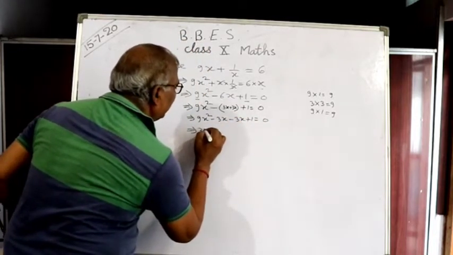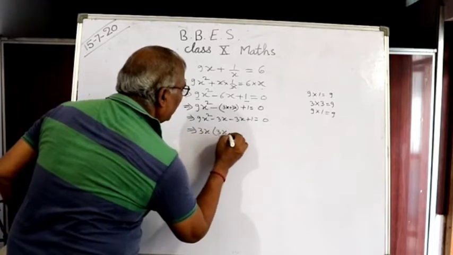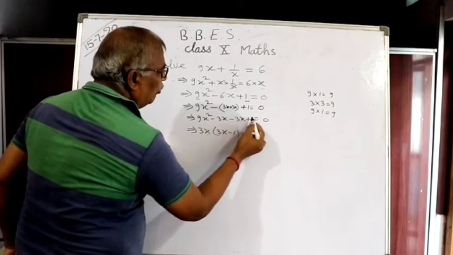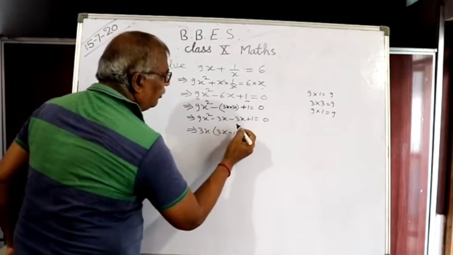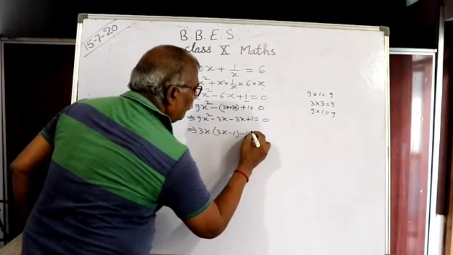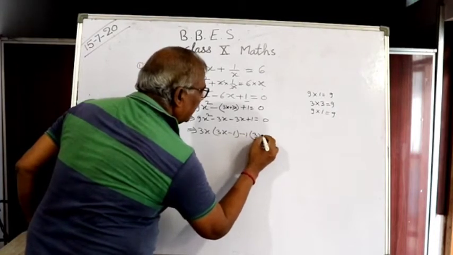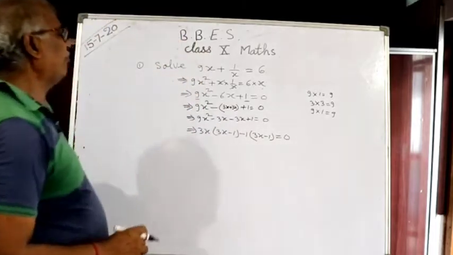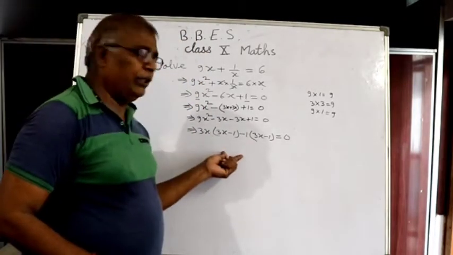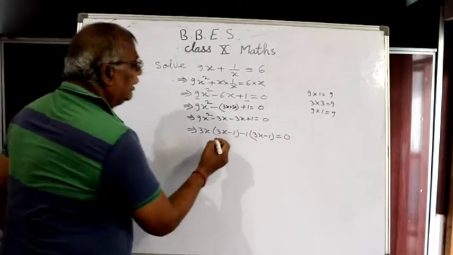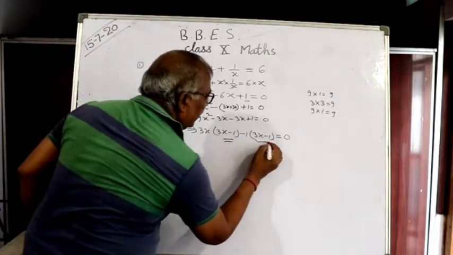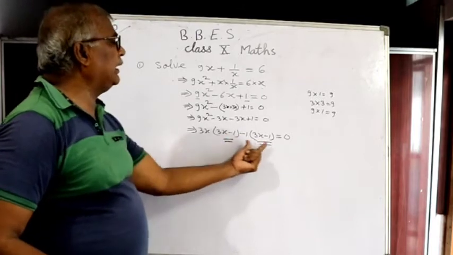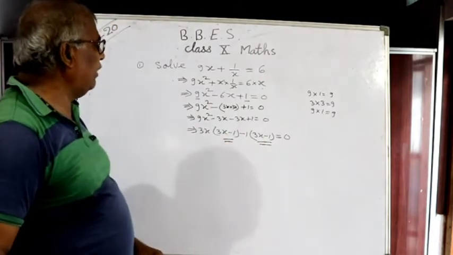This implies that 3x is common. Now 3x minus 1, and here there is no common, so we will take 1 common. Now you will write down here 3x minus 1 is equal to 0. We see here in the middle these two factors are the same, 3x minus 1 and 3x minus 1.